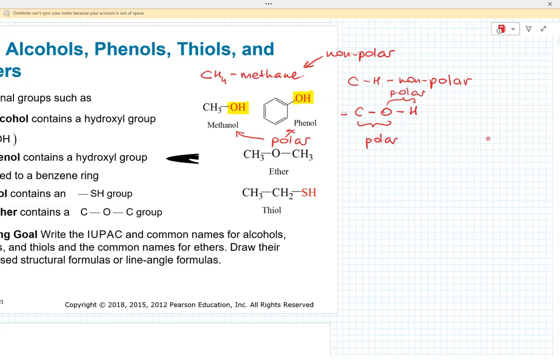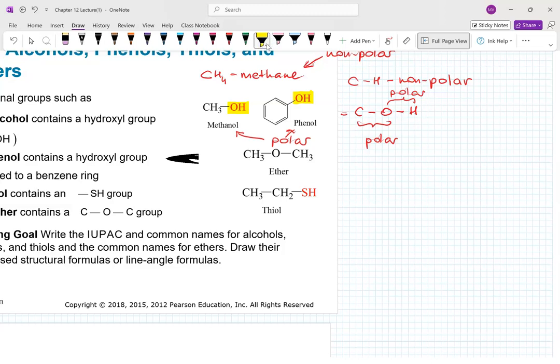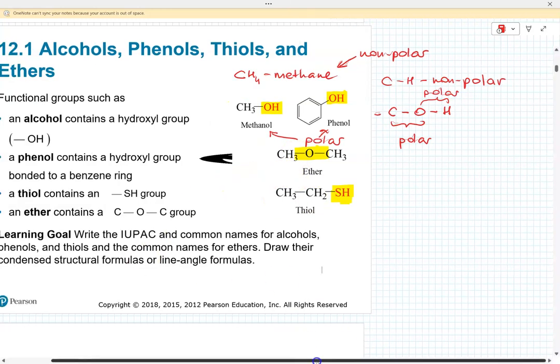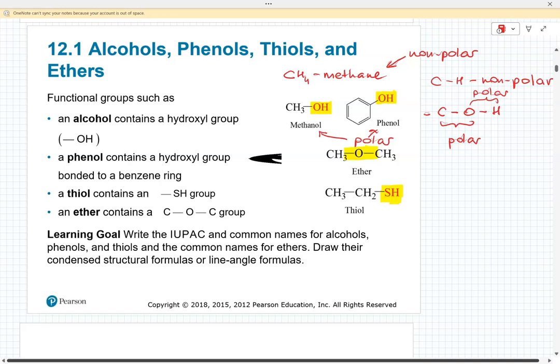Other functional groups would include the ether group. This oxygen that connects two carbons is the first sign that it is ether that we're talking about. And this group that's called sometimes thiol, sometimes sulfhydryl. Okay?